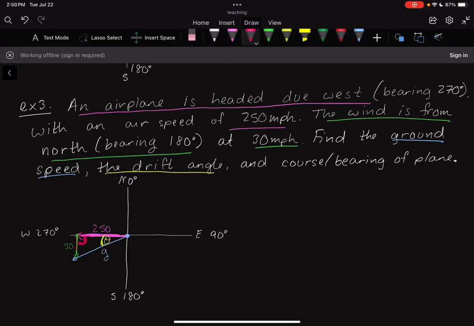So our angle inside there is 90 degrees. That actually makes this a pretty simple problem because it means we have a right triangle. So we can use Pythagorean theorem and sine, cosine, tangent, and all that kind of stuff.